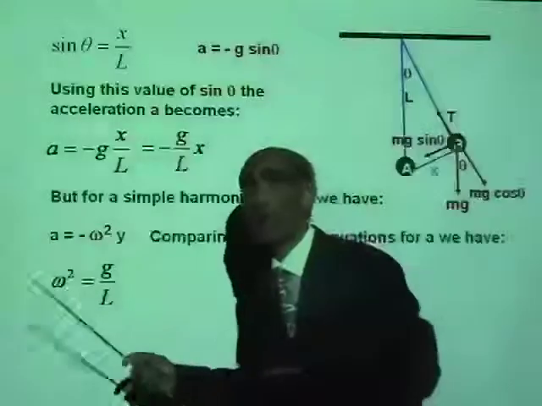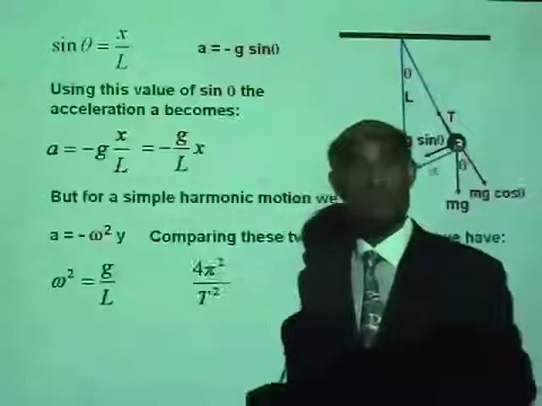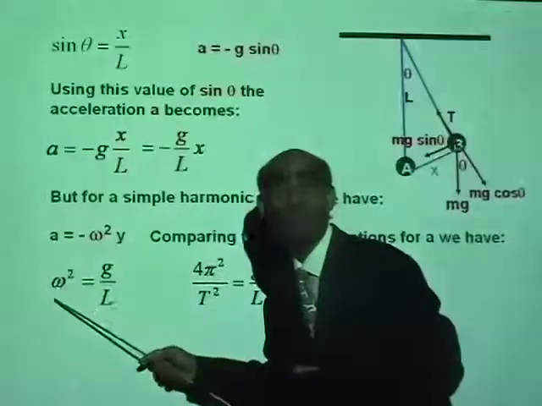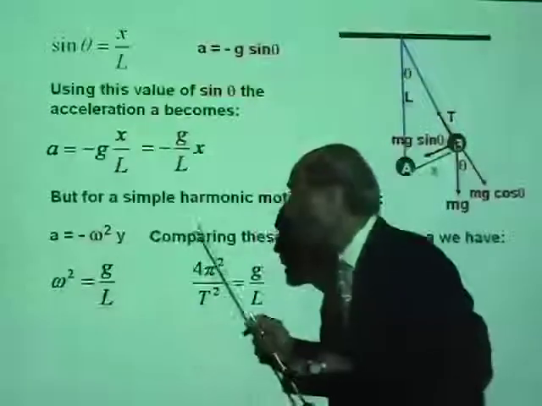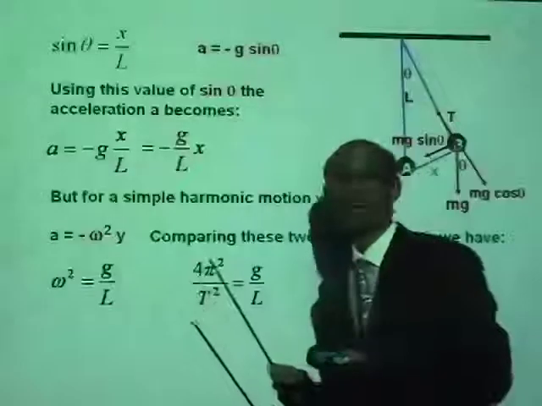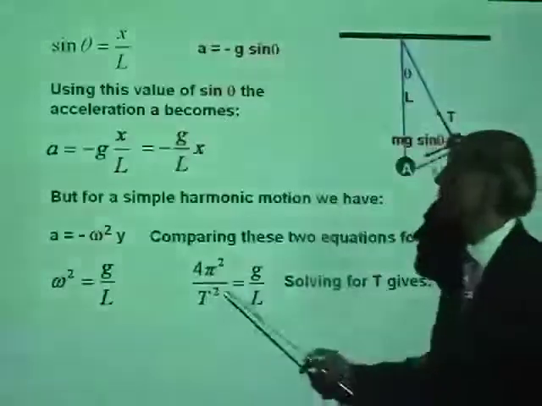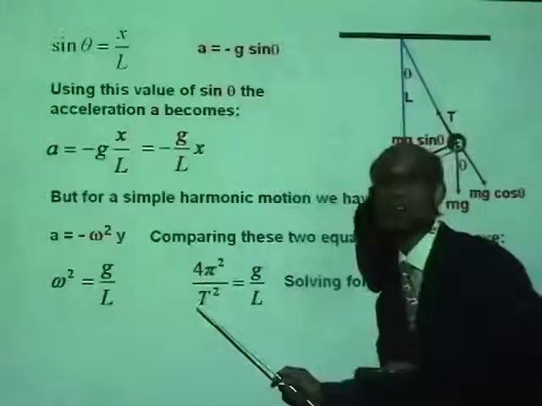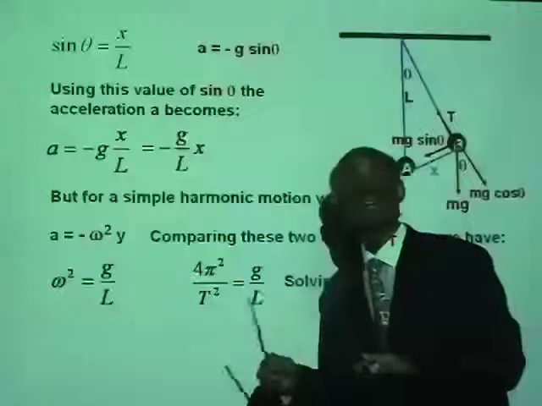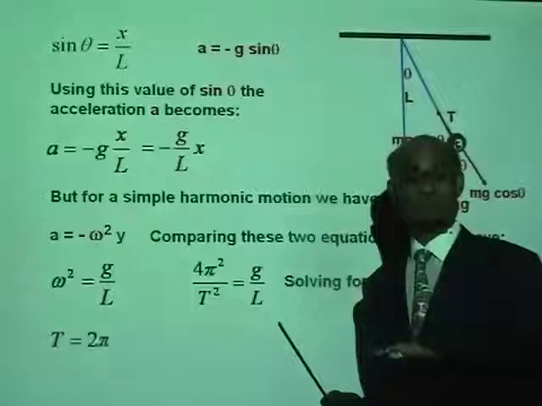Do you recall what omega is? Can you write omega in terms of the period? Yes. Omega is 2 pi divided by T. Omega squared is 4 pi squared divided by T squared. Alright? Can you solve for T from there? 4 pi squared over T squared equal to g over L. Can you solve for T squared from this equation?